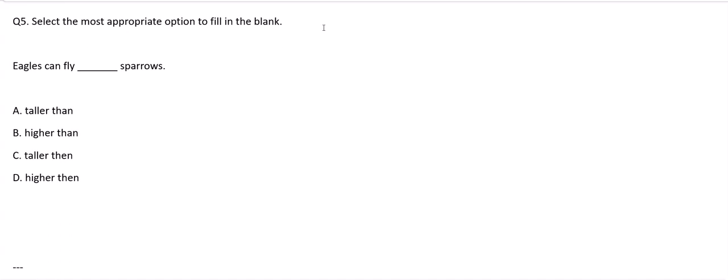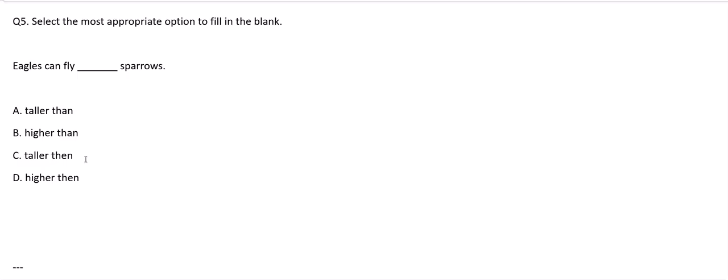Question number 5. Eagles can fly dash sparrows. Okay, here there is a comparison between eagles and sparrows. If you see the options, there are two similar words, than and then. We have to know when than is used and when then is used.